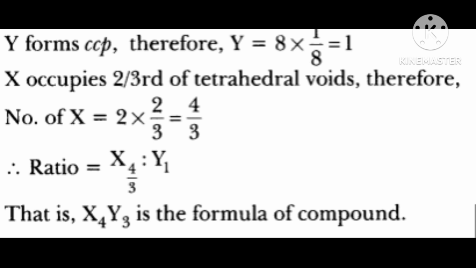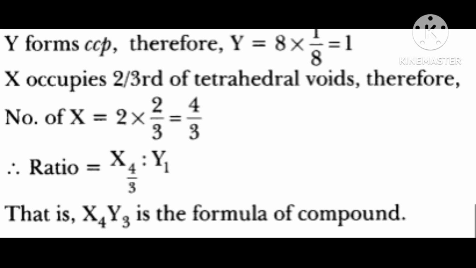B forms HCP, so the octahedral number will be less and the tetrahedral number will be more. A occupies 2/3 of the tetrahedral voids, meaning 66%. So A is more and B is less.